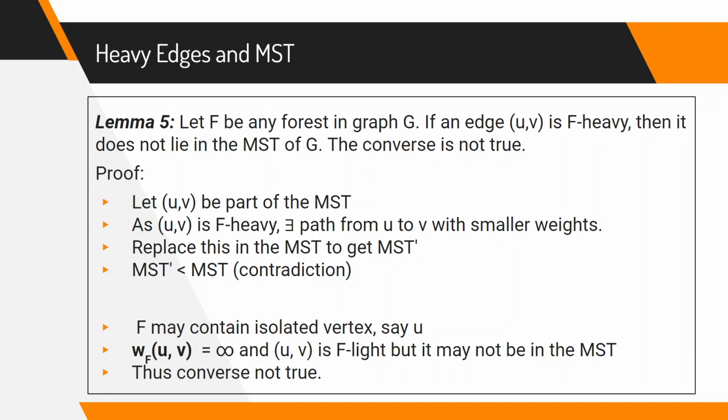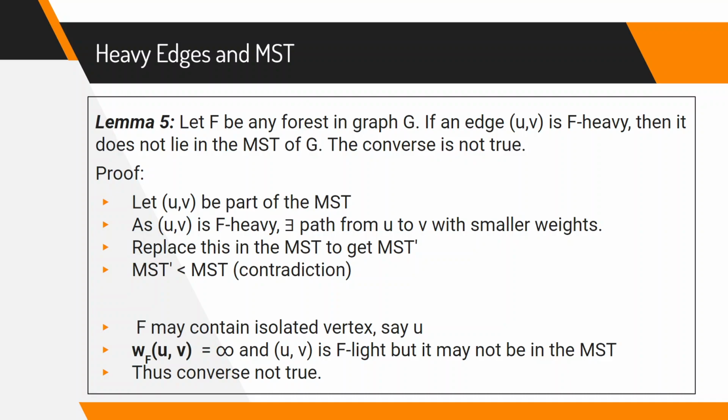Now we will be proving that the converse is not true. Weight wF of u comma v will be infinite because u is an isolated vertex, and u comma v is F light, but it will not be in the MST. Thus the converse is not true because there is nothing backing that edge into the MST.